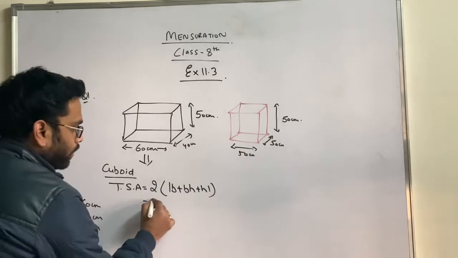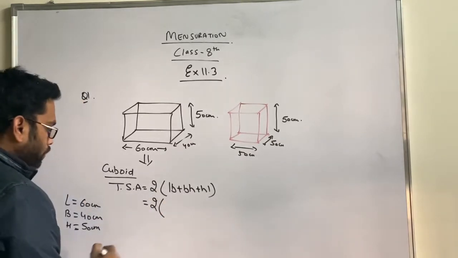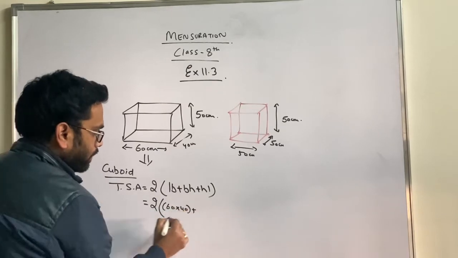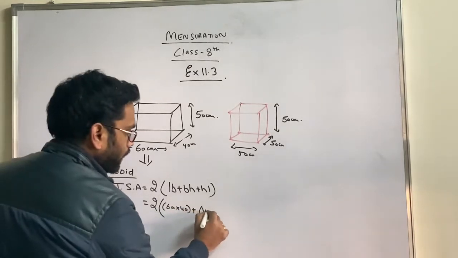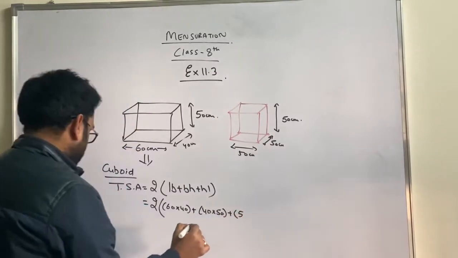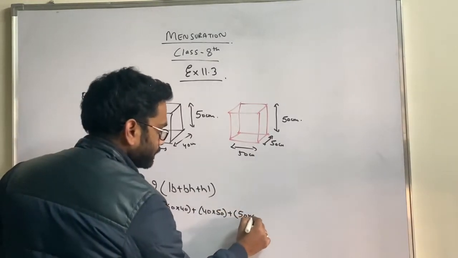Now after putting all these values, 2 into 60 into 40 plus 40 into 50 plus 50 into 60.